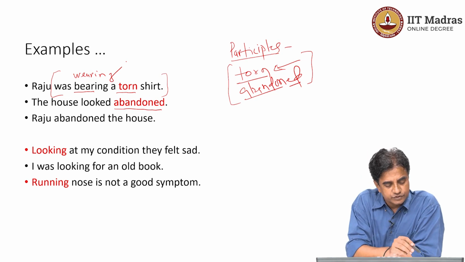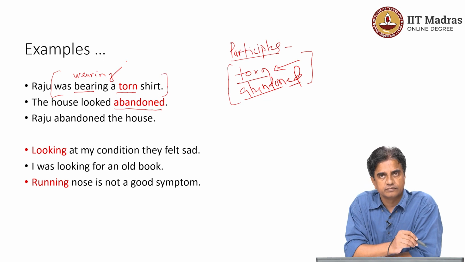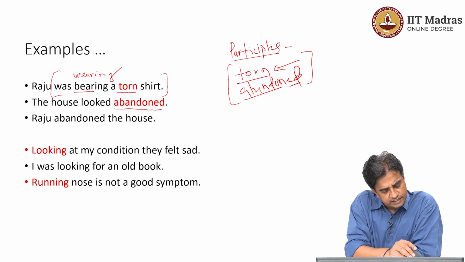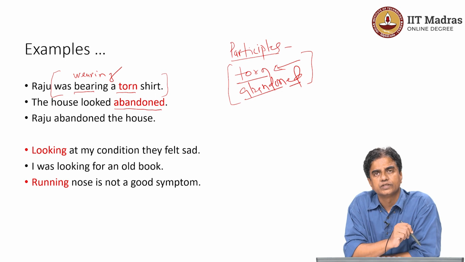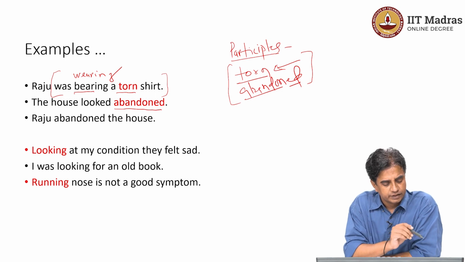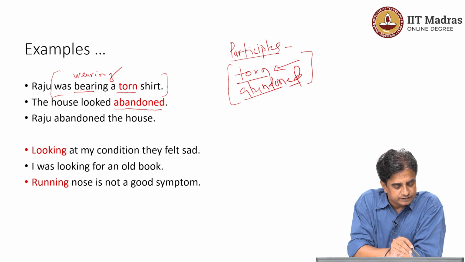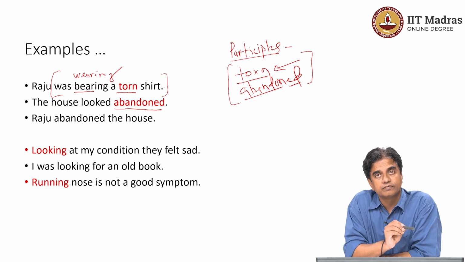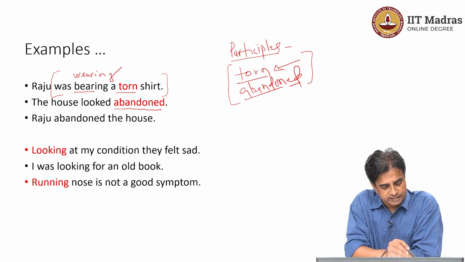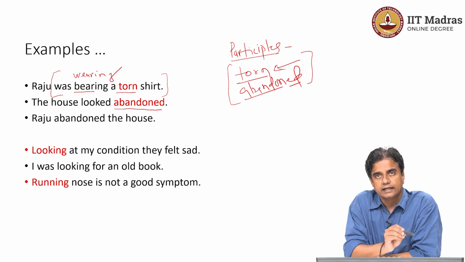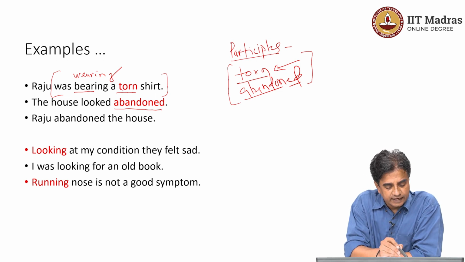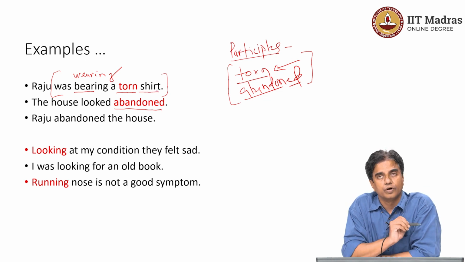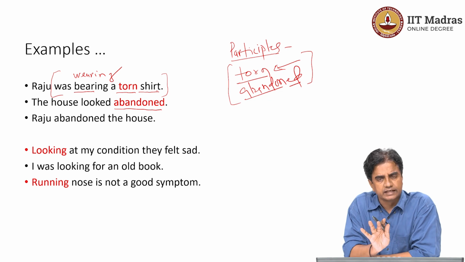So you can say Raju was wearing a torn shirt, or Raju was bearing a torn shirt. That's fine. In either case, the verb that has another marker is the main verb of the sentence. This is a transitive verb and it requires an object, and shirt is the object of that verb in the predicate. Very clear structure.